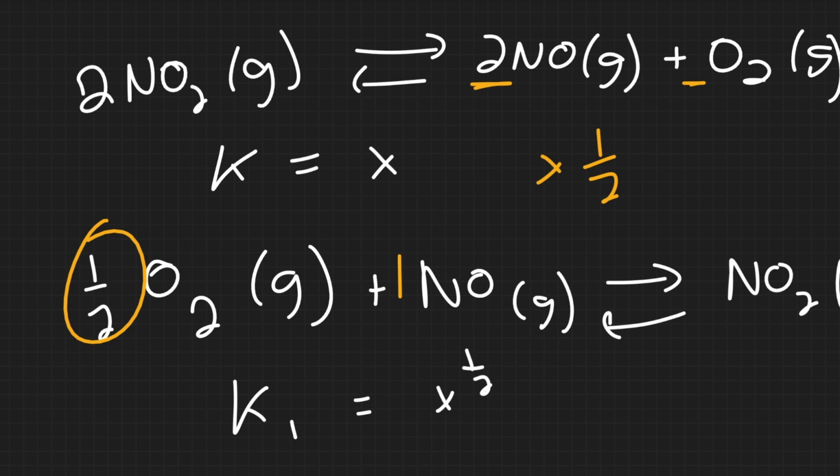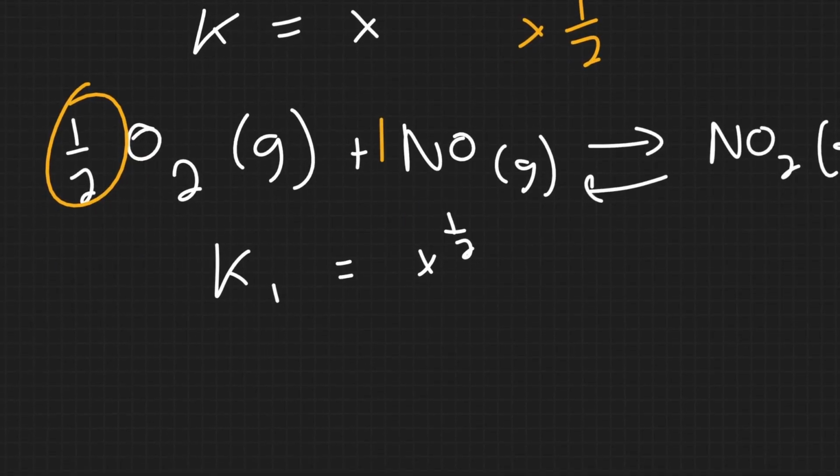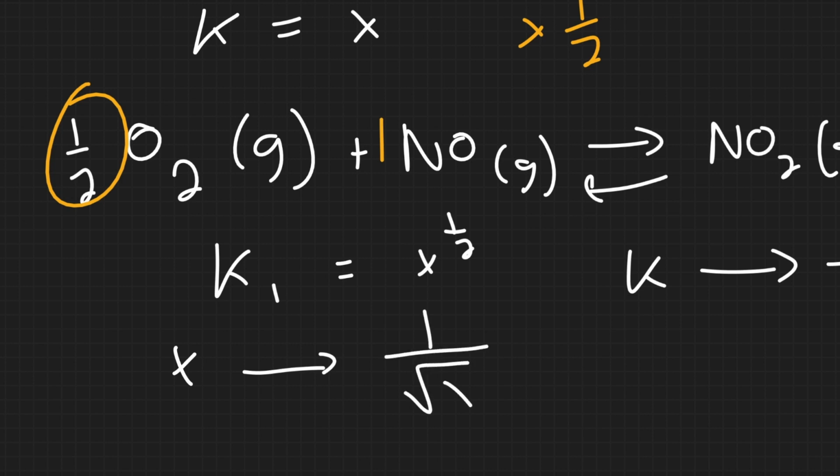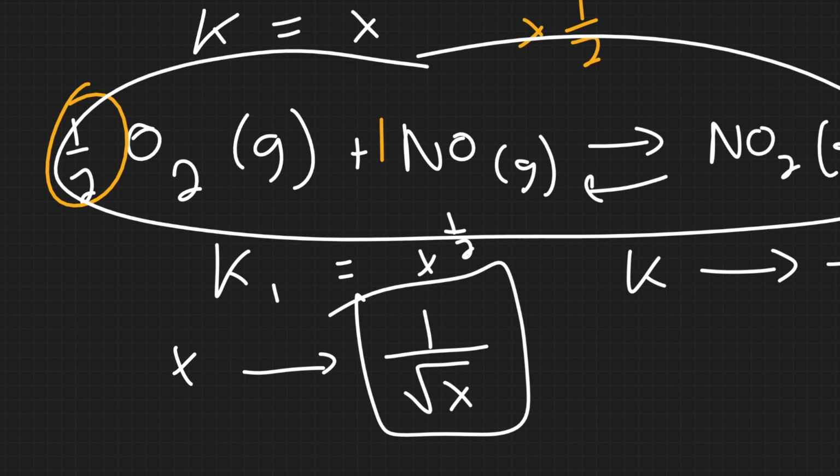When you do that, you're going to reciprocate k. So let's say I have k. That's going to become 1 over k when I flip the reaction. So if our original k constant was x, now we take the square root of that, raising it to the 1/2 because we multiplied the equation by a factor of 1/2, and then we reciprocate that. So that would be 1 over root x. This is our new k value with this manipulated chemical equation right here.